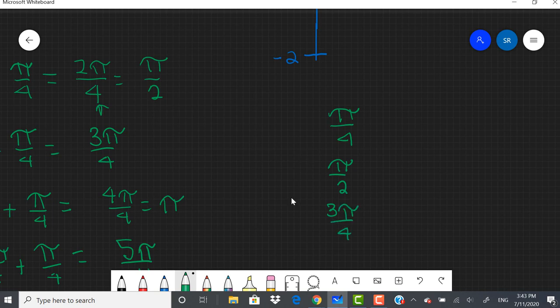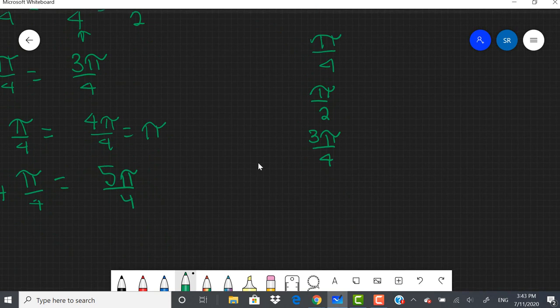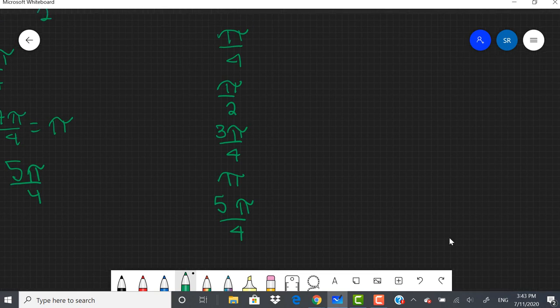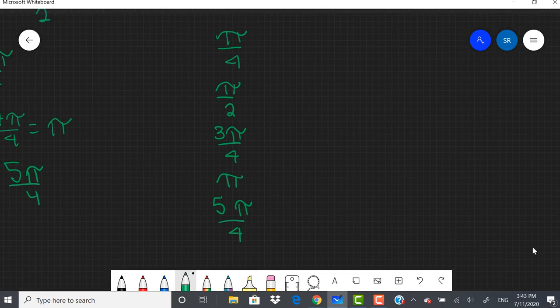And you'll see in a minute why I'm rewriting these, so we have room here. And then I'm going to go to pi, and then my last one is 5 pi over 4. Now, with no translations, I would normally go with just a phase shift. We would go to 0, 1, 0, -1, and 0 at these places.